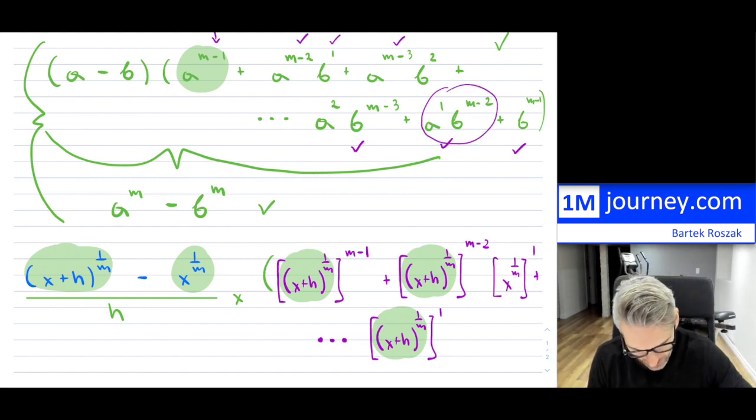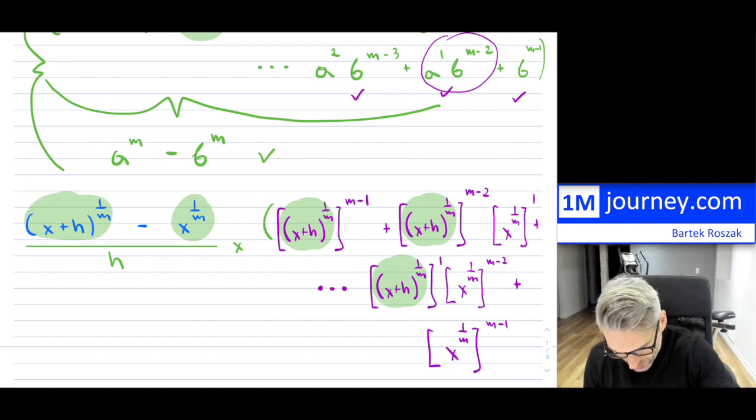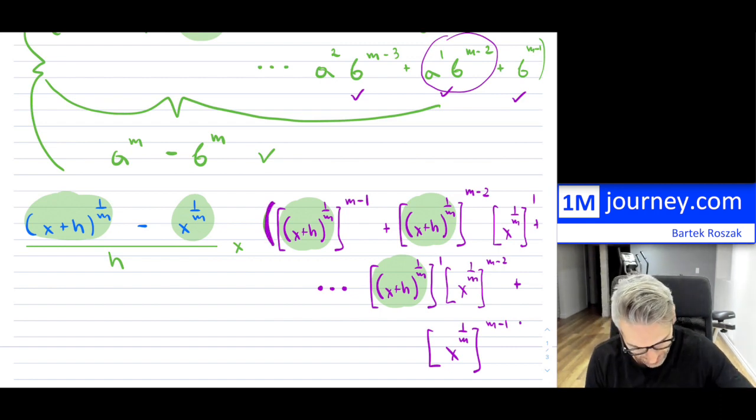So this is to the 1, and then I have my x to the 1 over m, to the m minus 2, plus... and notice again, I'm just running out of space here because it's annoying to do this. So x to the 1 over m, and then this is going to be to the m minus 1. All right, so this is my entire bracket in here.